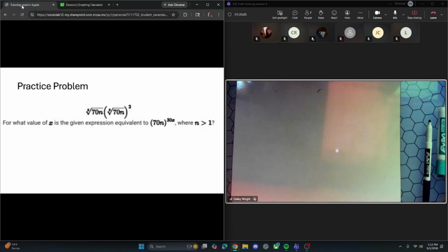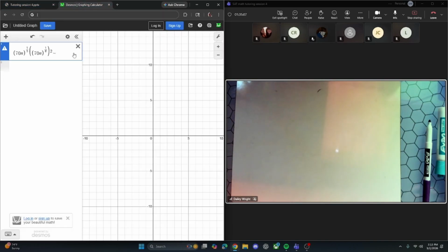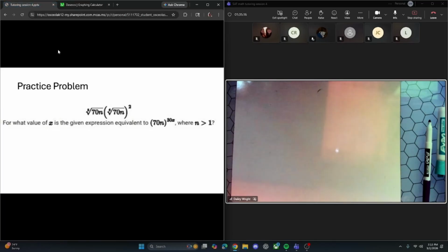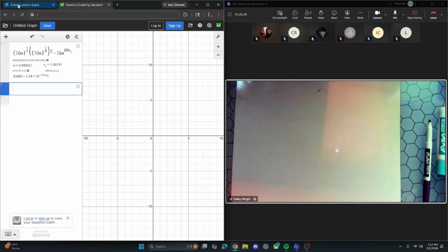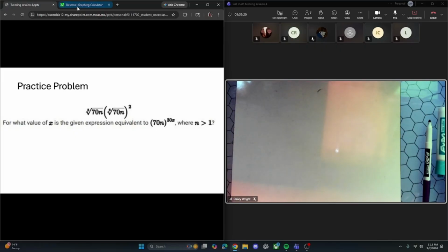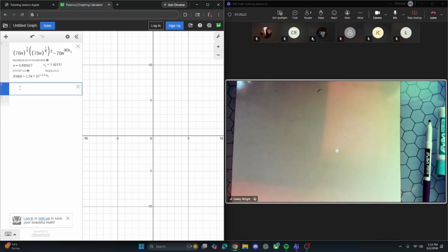And then that said that was equivalent to 70n to the 30x, 30x1. And then it gives you these two numbers. N is greater than 1. So we're going to type in that n equals brackets, not nm. N equals brackets 2, 3, 4, 5, 6, 7, 8.